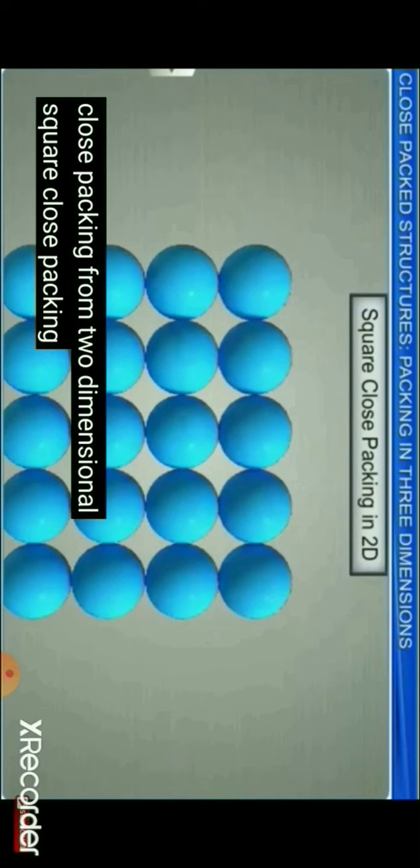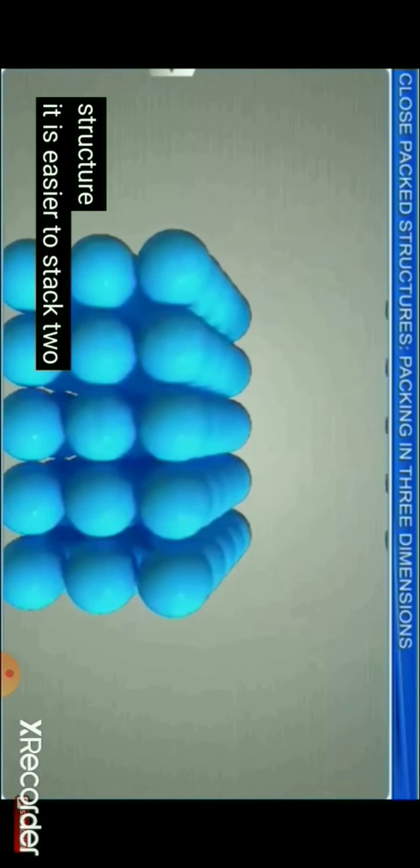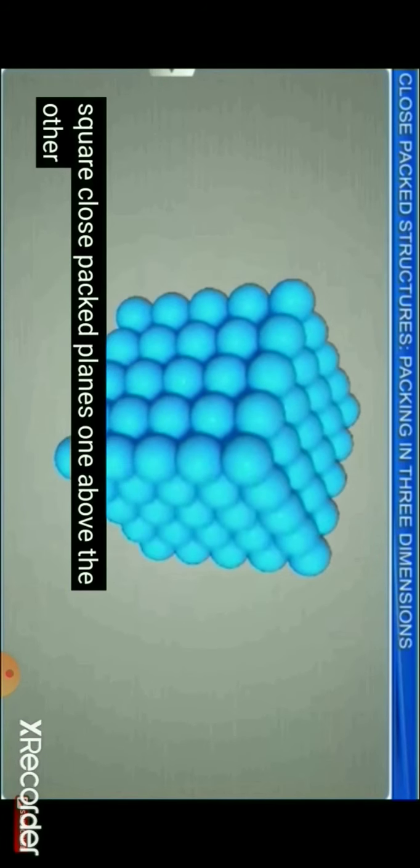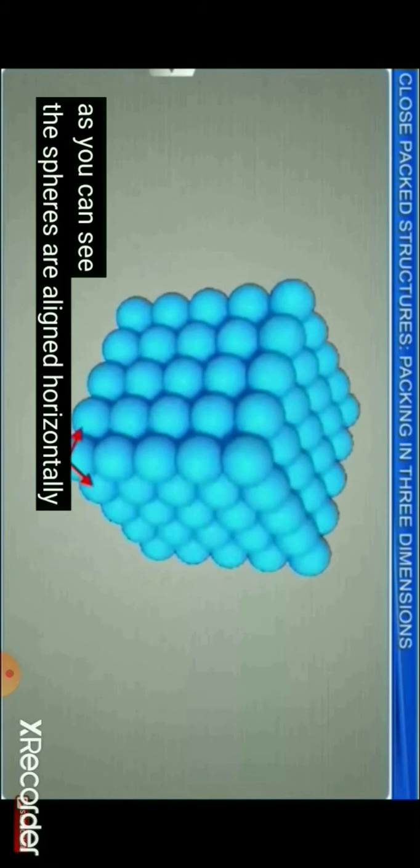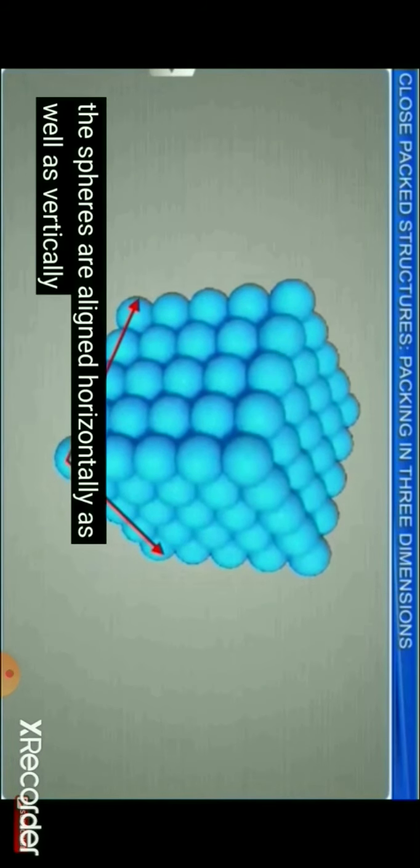Let's first study three-dimensional close packing from two-dimensional square close packing. In order to build a three-dimensional structure, it is easier to stack two-dimensional square close packed planes one above the other. As you can see, the spheres are aligned horizontally as well as vertically.